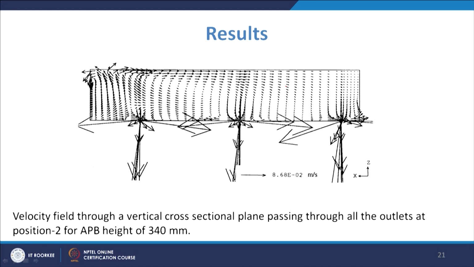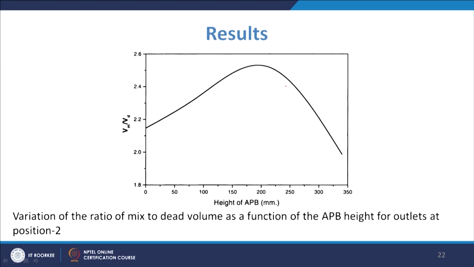That is shown with these three types of heights, and if you look at the variation of the ratio of mix to dead volume, what is shown is that at the middle height, your mix to dead volume ratio is better, although the peak was somewhat higher for one of the outlets.